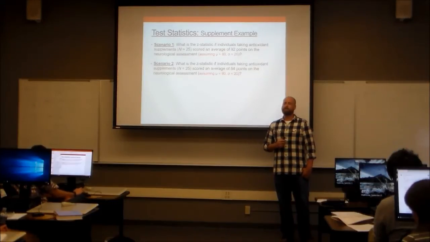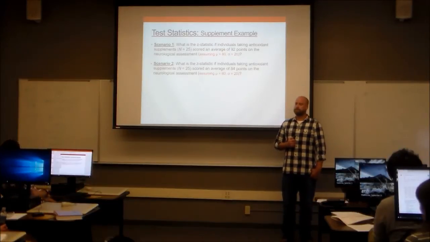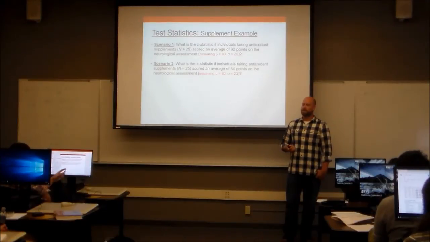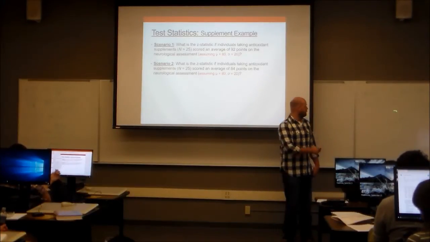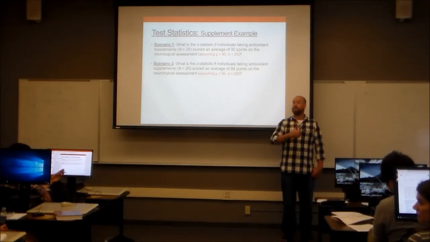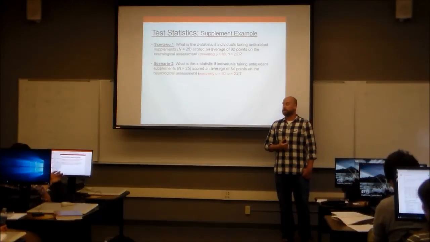Does it go up or down? As our standard error gets smaller, what happens to our test statistic in this ratio? This number becomes smaller, so what happens to this number? It becomes larger, right? So you get a much larger test statistic.